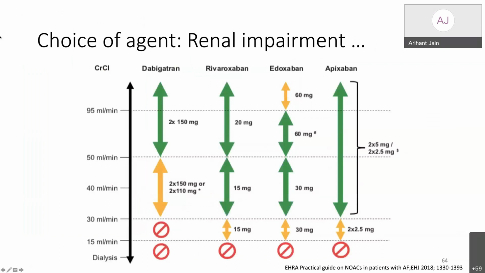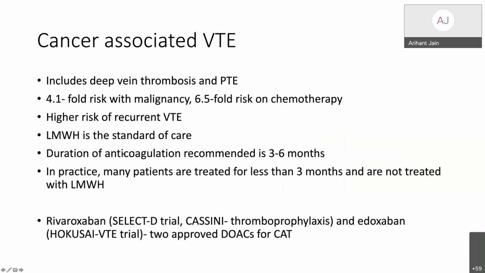So for renal impairment, this is the chart. You just have to know that there are dose modifications for dabigatran as well as rivaroxaban, and you can always check and prescribe.